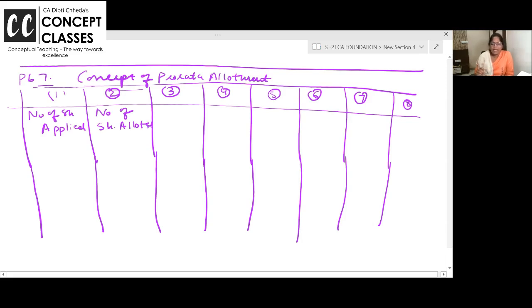Number of shares applied. Number of shares allotted. Amount which is received on application. Amount which is received on application is 1 into 2 rupees. Whatever application has come into 2 rupees.